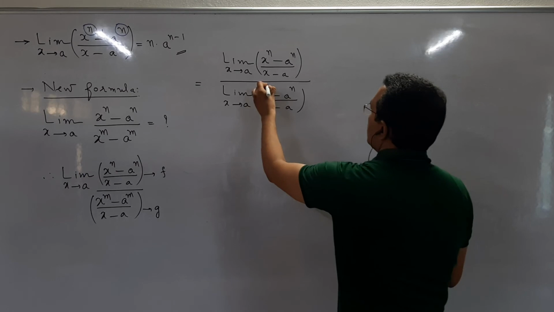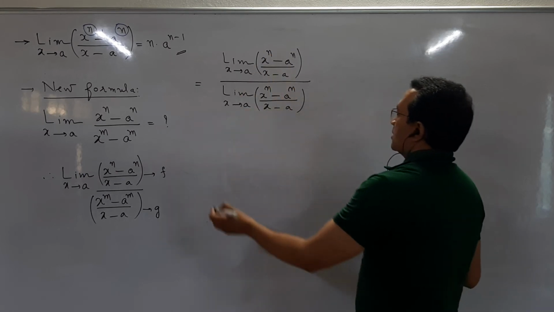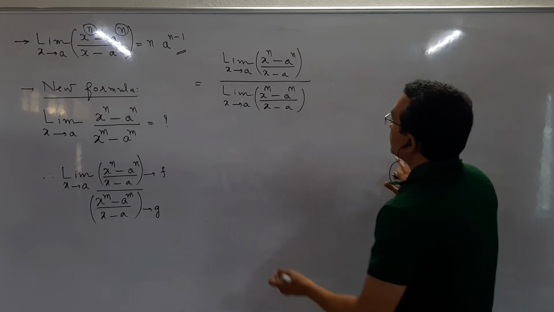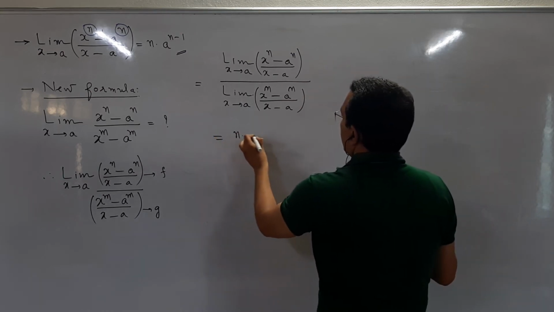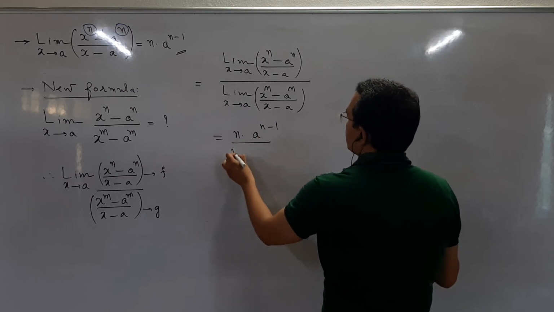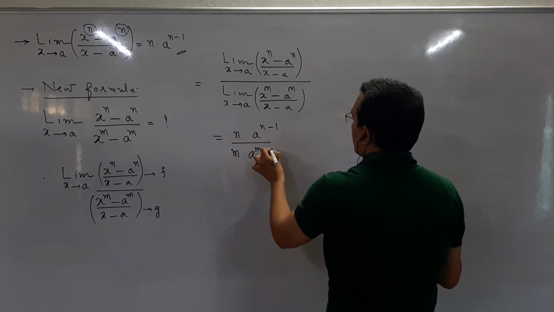Sorry, here I should have written m. Now check: this numerator part is nothing but n into a raised to n minus 1. The denominator part is m into a raised to m minus 1.